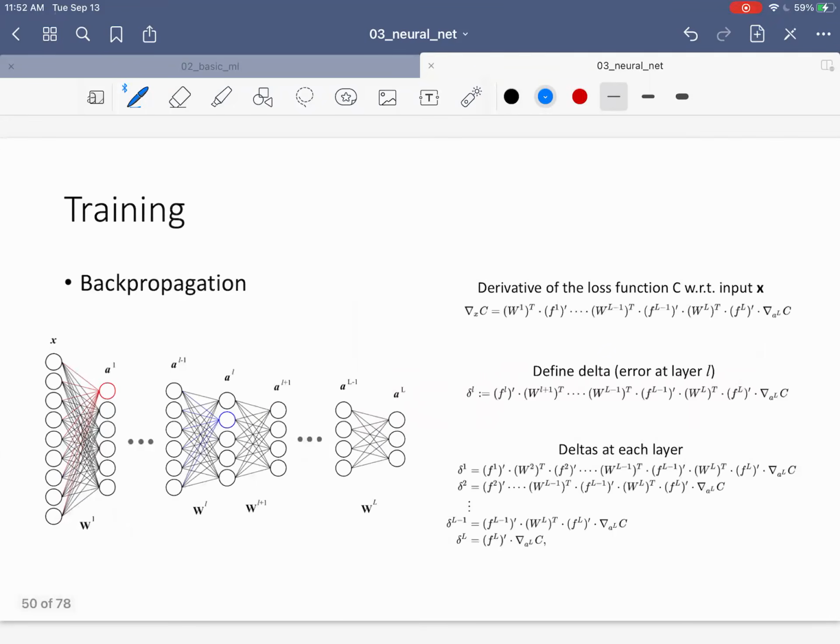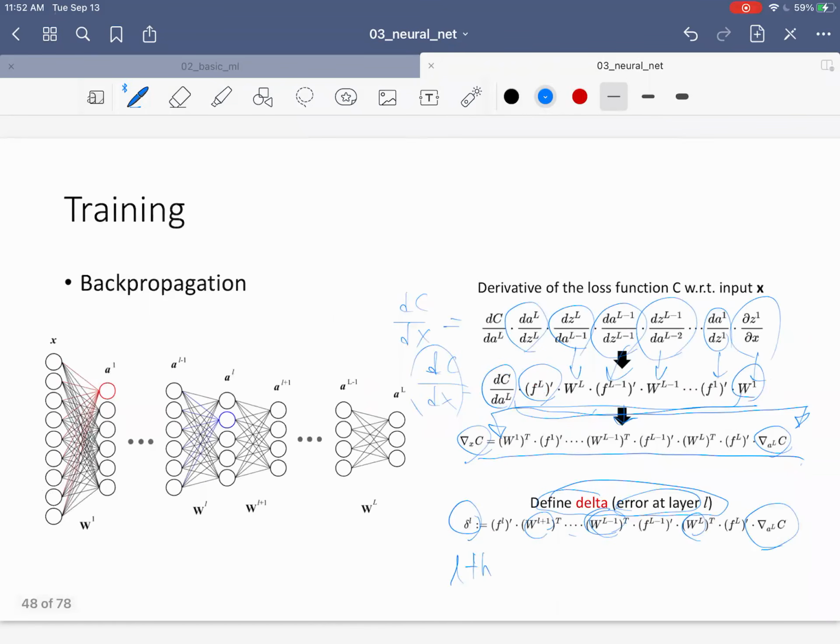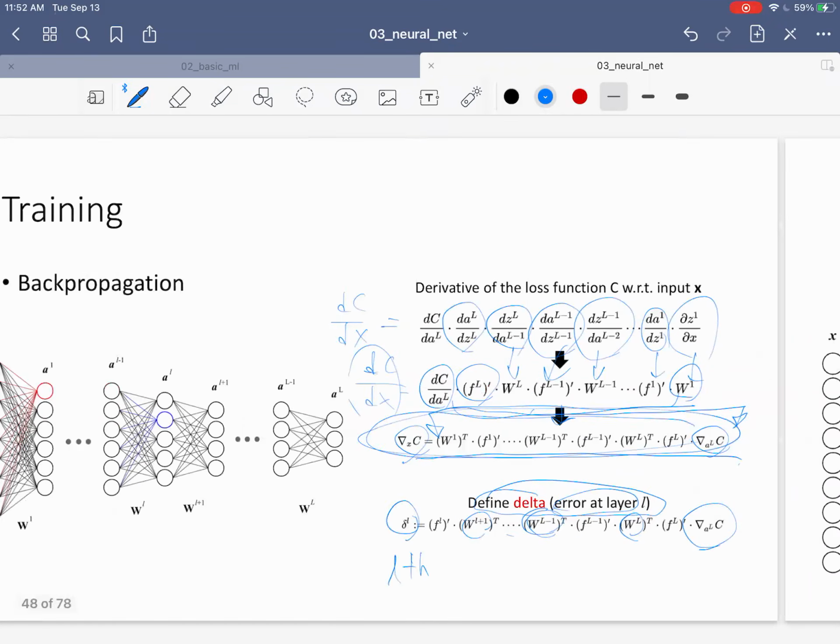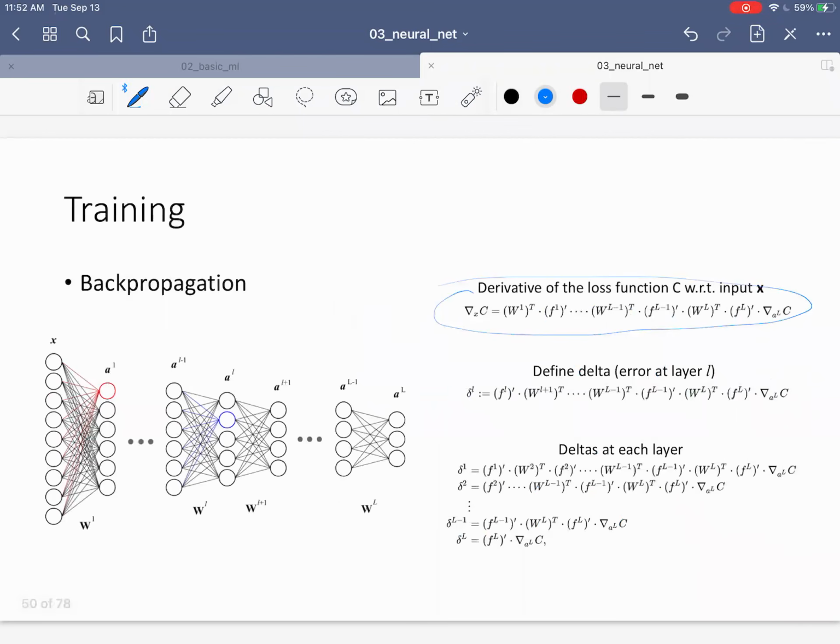So we had this here, we rewrite it like this, and then we define the delta L here. When you write delta 1 all the way to delta L, it will become like this. Delta 1 is this here, delta 2 here, delta L minus 1 here, delta L here. You can see some repetitions going on inside, because F2 all the way to gradient C is right here.